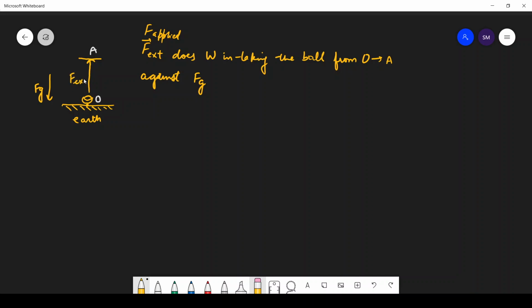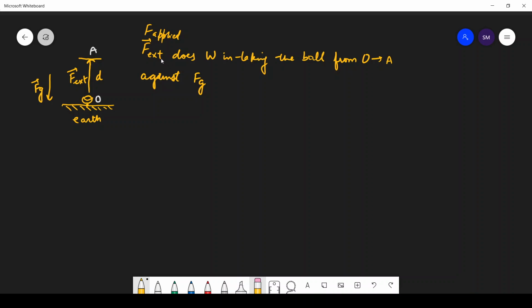So gravitational force was acting downwards and you were taking this body upward. So F external was in upward direction, whereas the gravitational force, so students, we put this arrow mark over this physical quantity. All of you are aware of it. So F external is upward, displacement is also upward, but gravitational force is downward.